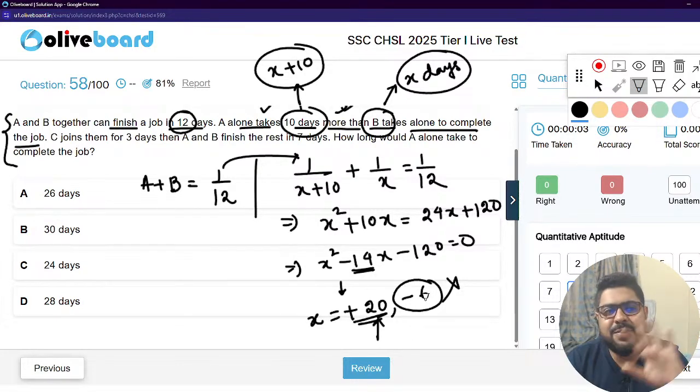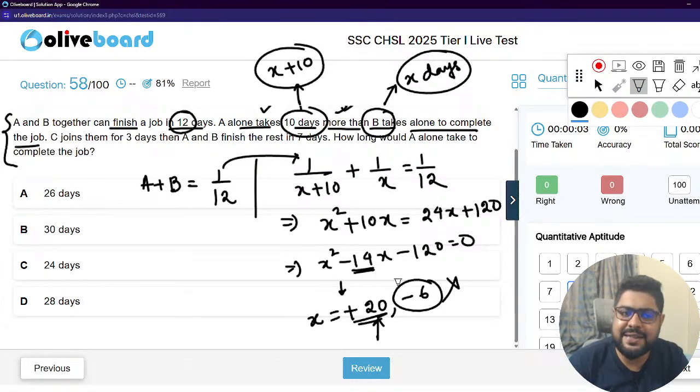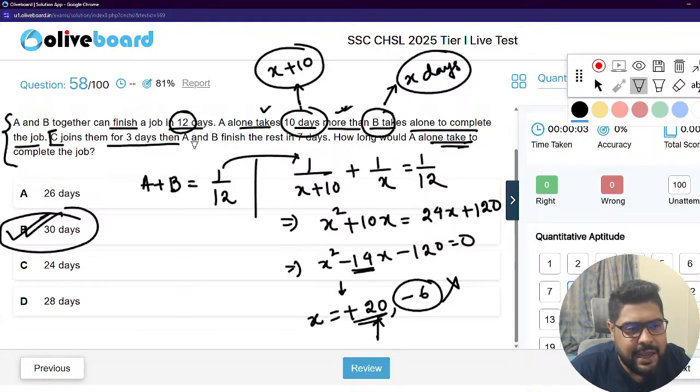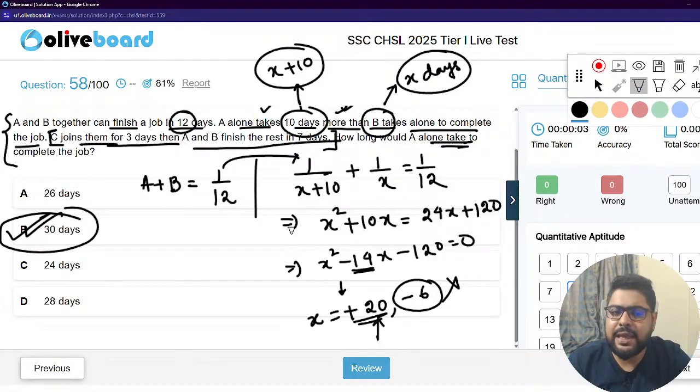Now, please understand what's the advantage here. That means A is doing the whole work in 30 days. Done. But please understand, we did not use any data from here, because we solved it like this.